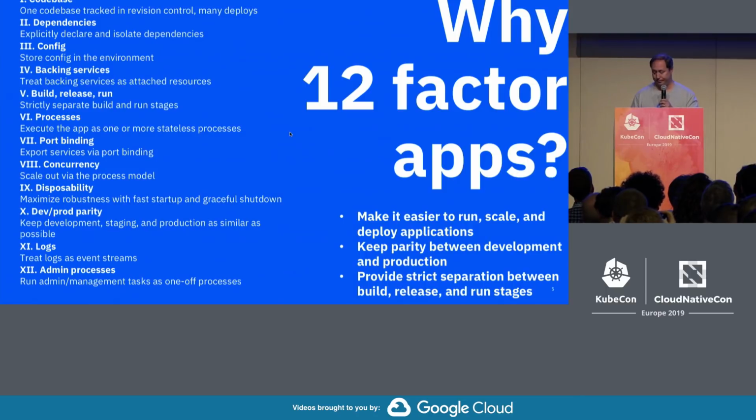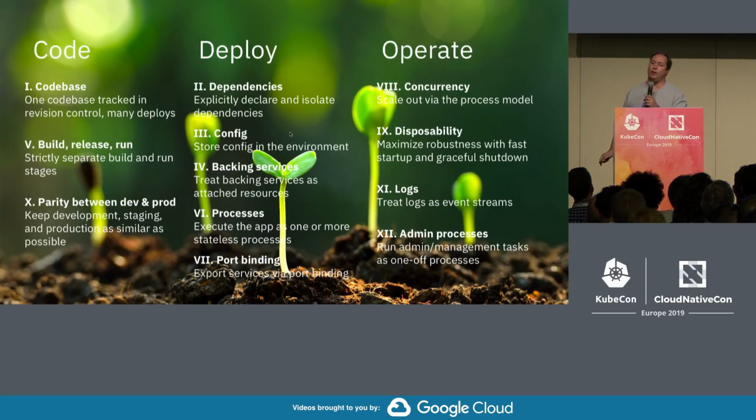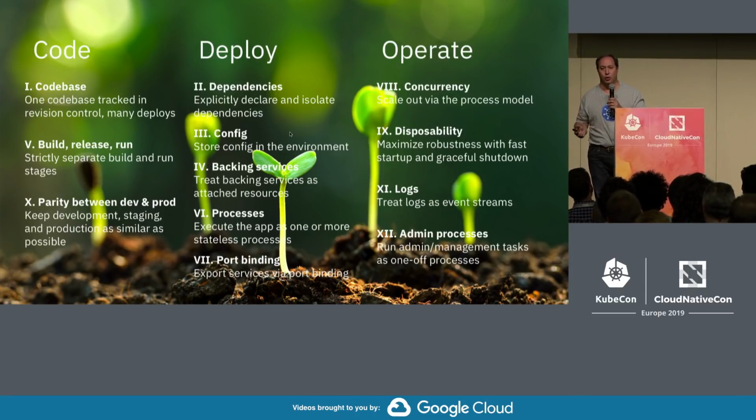run stages. When we describe these 12 factors, it's easiest to break them up into 3 categories of the life cycle: code, deploy, and operate. I'm going to give you a taste of each one of these. For the factors that deal with code, factor 1 of the 12 factors is one code base, tracked in revision control.